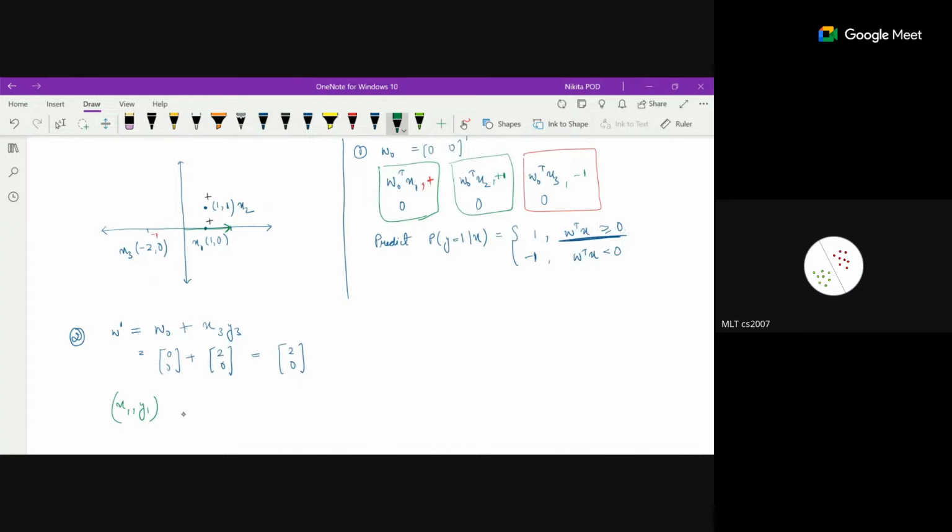If I have my weight W1 to be 2, 0, then W1 transpose x1, what is this? x1 is 1, 0. So you're getting 2, which is greater than or equal to 0, so it should predict 1.